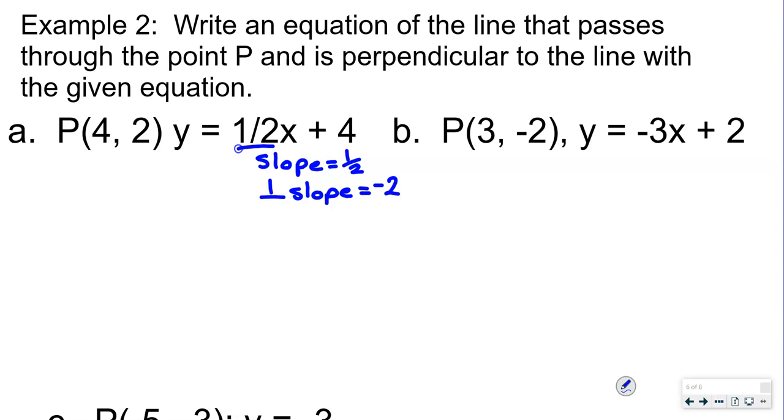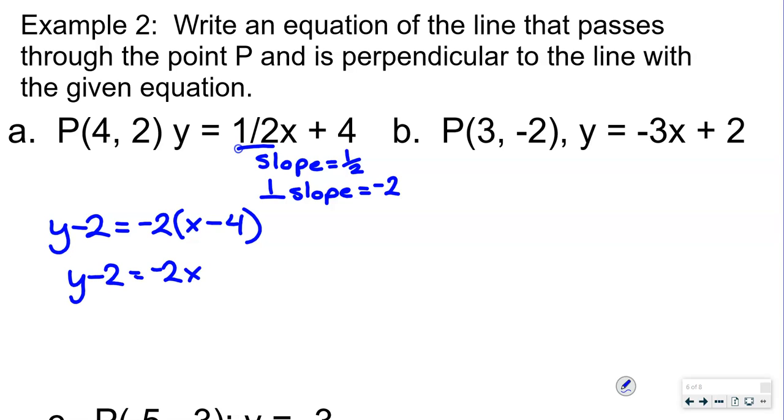So the slope of our new line is going to be negative 2, and we're going to use the point 4, 2 in point slope form. So y minus 2, bring the 2 down as our y1, equals slope of negative 2, that's our opposite reciprocal slope, times x minus 4. Then distribute the negative 2.